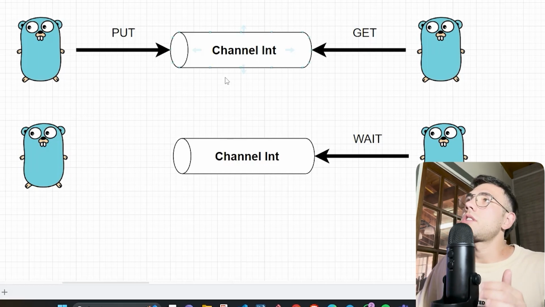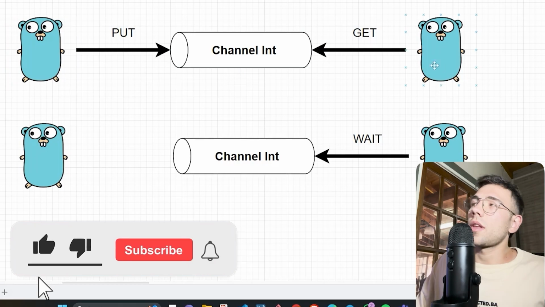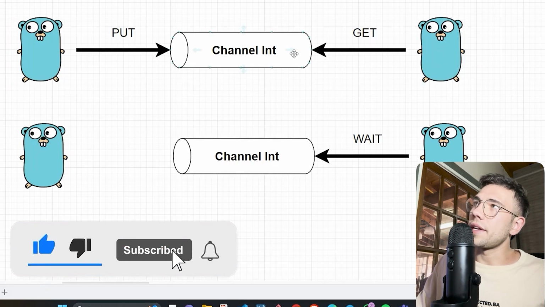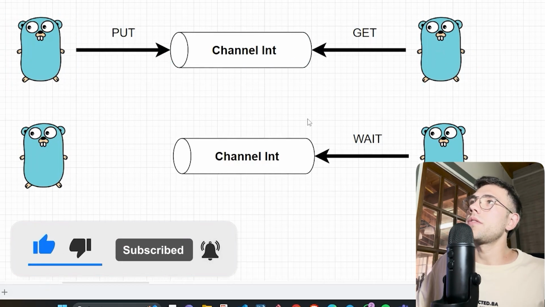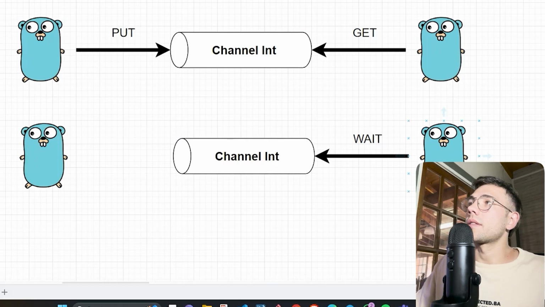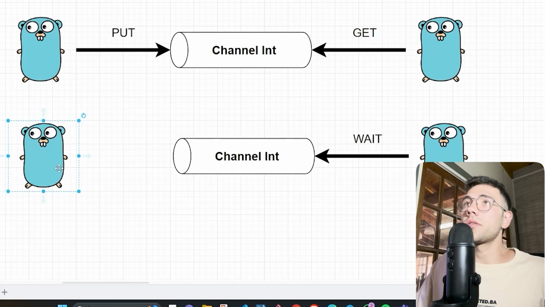In this case, it's a channel of integers, so this goroutine will put here a number, an integer, for example 5, and this other goroutine will be waiting for that message. So if this goroutine comes first and there are no messages on the channel, this goroutine will wait until the other goroutine puts the message.